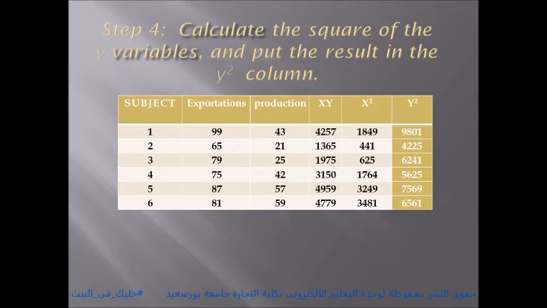From 1 to 6, 99 squared equals 9,801. 65 equals 4,225. 79 equals 6,241. 75 equals 5,625. 87 equals 7,569, and 81 equals 6,561.